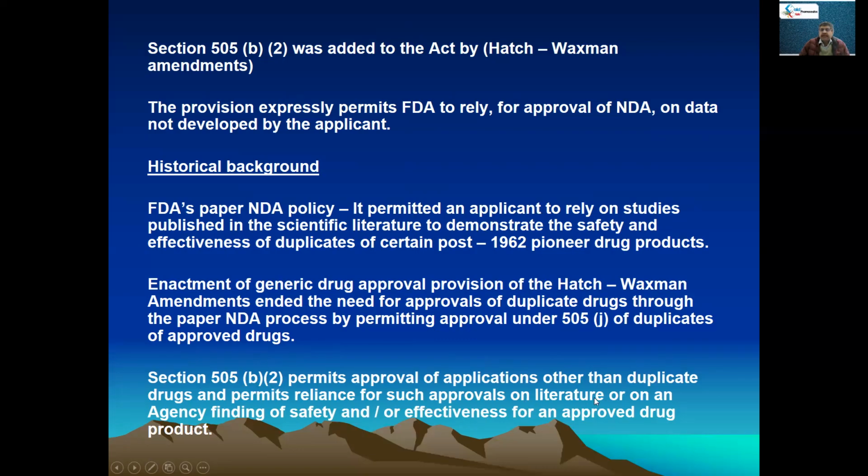The first tool is that literature published information can be used for submission of 505(b)(2). And the second is the agency's previous findings on safety and effectiveness for an already approved drug product. So these are the two ways by which the data for the clinical studies can be picked up by the applicants of hybrid NDA and can become part of the dossier which is submitted for the approval of the new drug product.